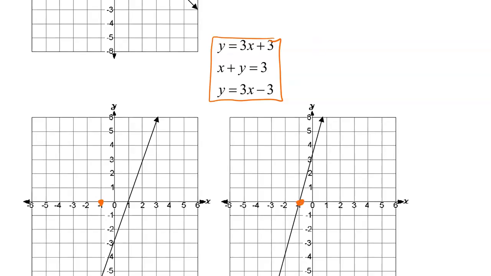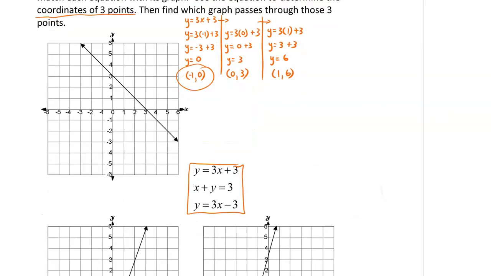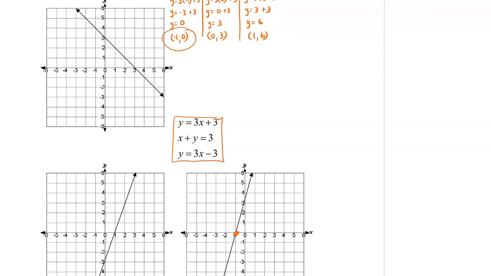This one does match up with it. But to make sure, though we already have eliminated the other two, since we did the work anyways, we might as well find the points. So 0 and 3 and 1 and 6. That does go just off of my graph there, but you can tell that it is going to go to that point.